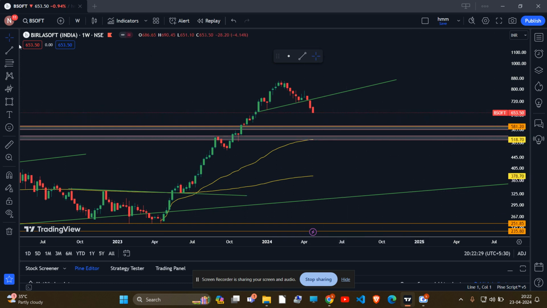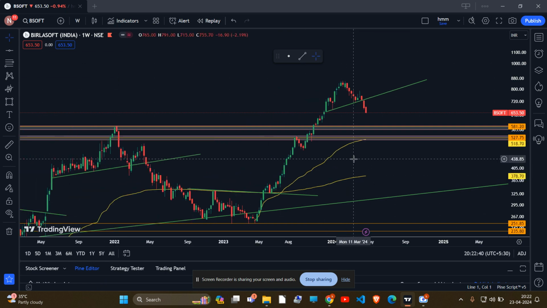So the head and shoulders pattern is indicating a fall till 530 rupees.